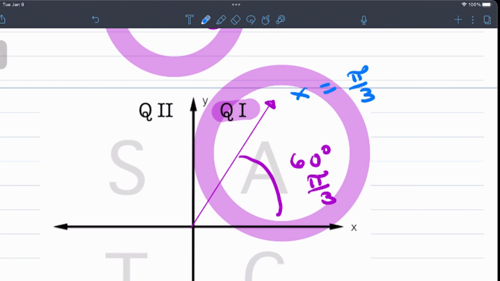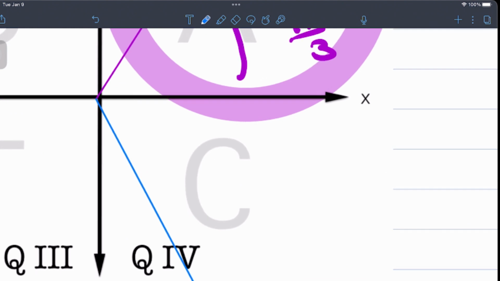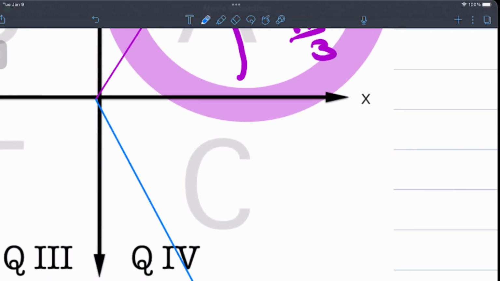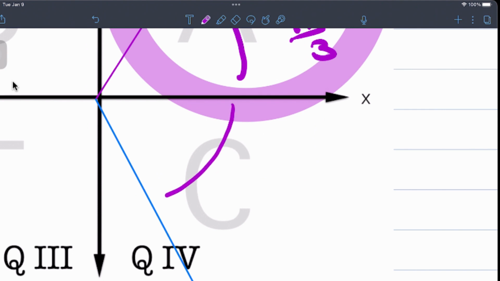But cosine's positive also in quadrant what? 3, is that true? Isn't that why we say all students take what? Or sorry, quadrant 4. Isn't that what we say, all students take calculus? Okay, so this angle is also pi over 3.